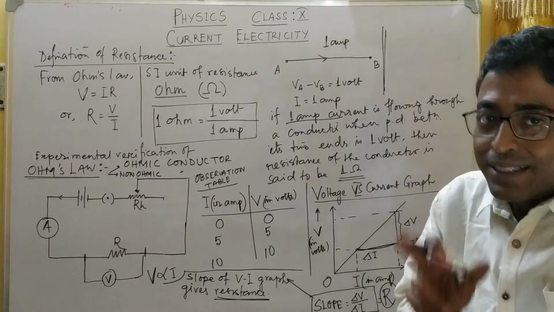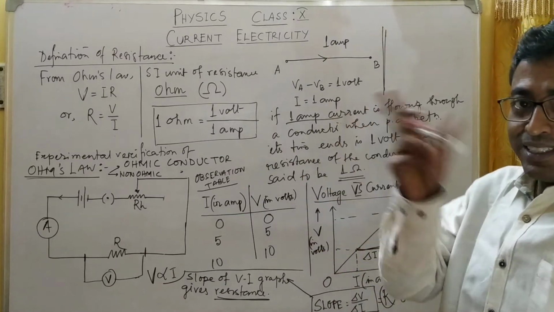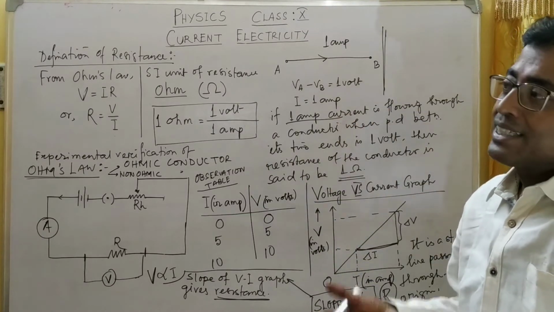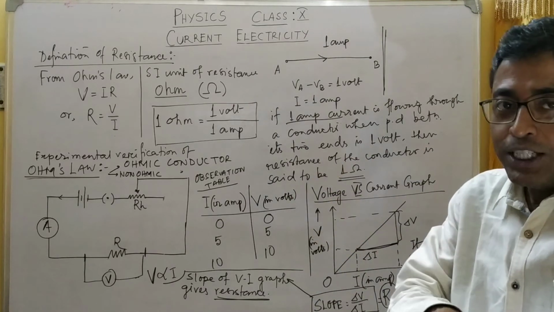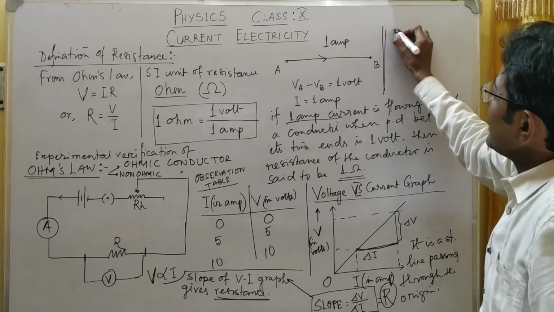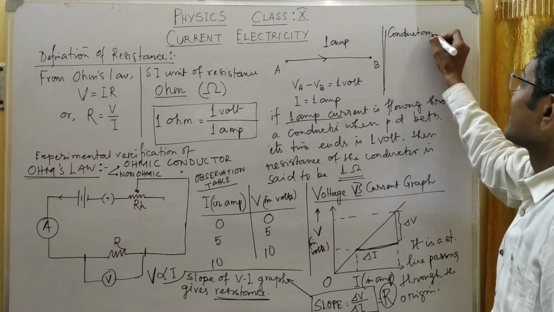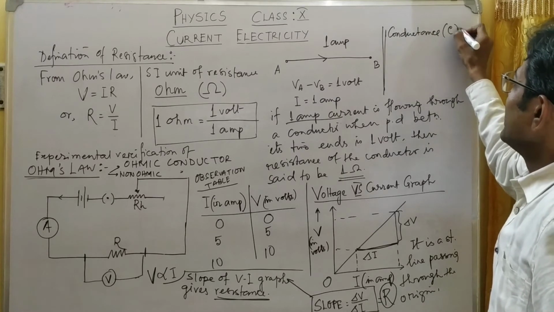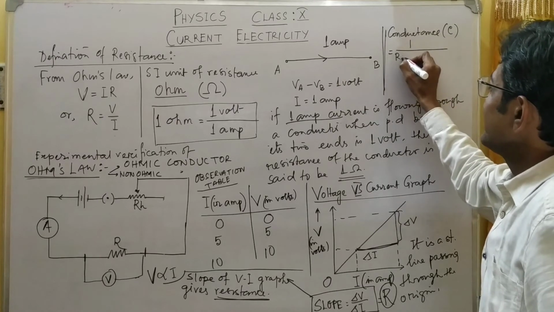There is a thing which opposes the flow of electrons, and there is another concept where something helps the flow of electrons. So that is just the opposite of resistance. Remember, the opposite of resistance is called conductance. It is denoted by C. It is given as 1 by resistance.